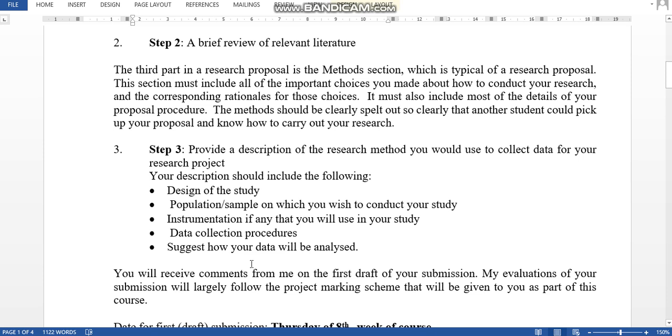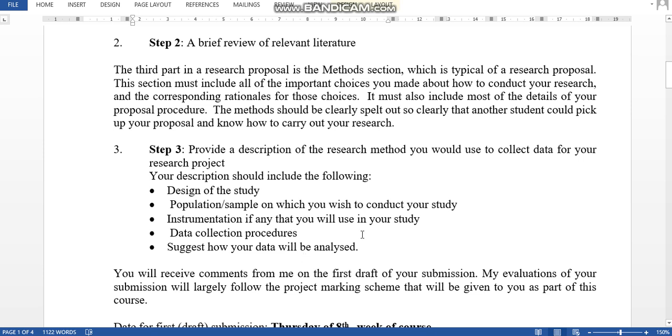Next comes chapter 3, where you have to describe the following. These few things. Here, look at my cursor. Design of the study, population and the sample on which you wish to conduct your study, the instrument that you intend to use, and the procedure or method by which you wish to collect your data.